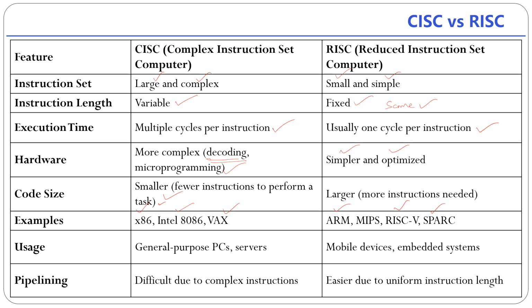Usage: normally CISC is used for general purpose PCs and servers, whereas RISC architectures are used for mobile devices and embedded systems. Pipelining is difficult due to complex instructions. In case of RISC, it is easy because of uniform instruction length.